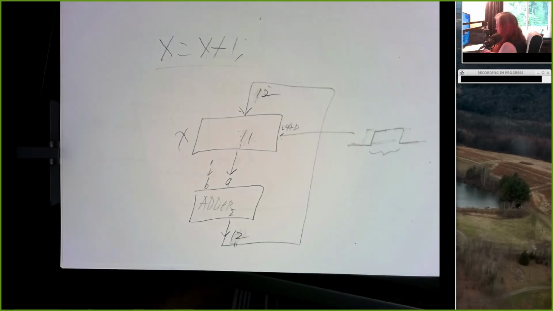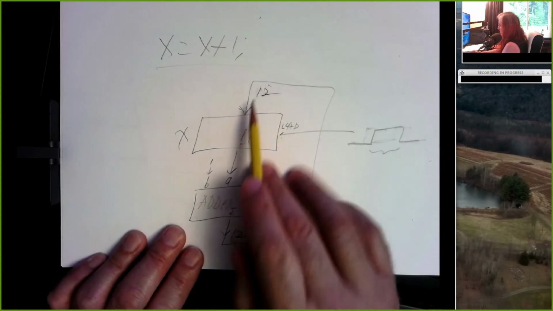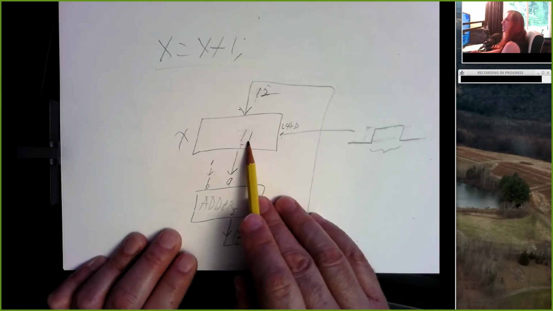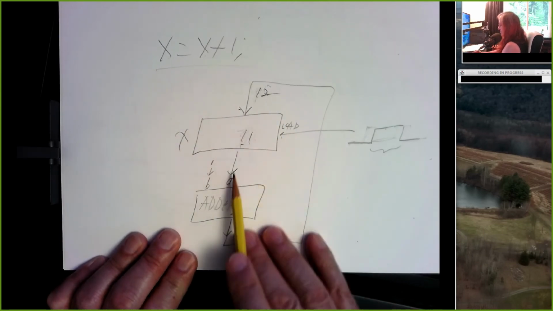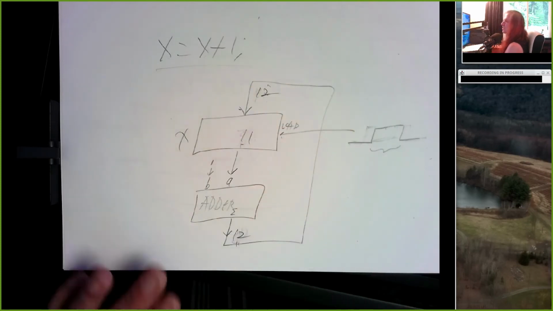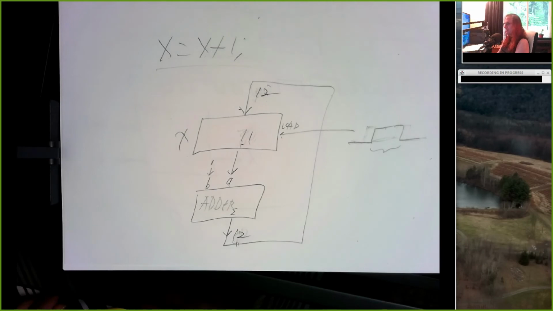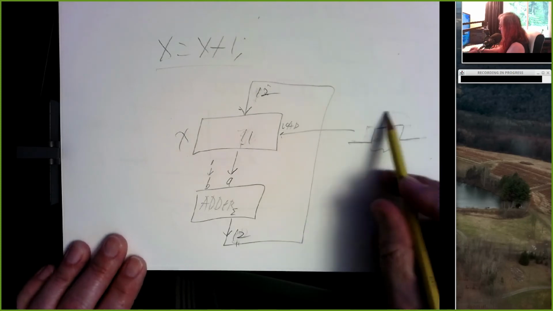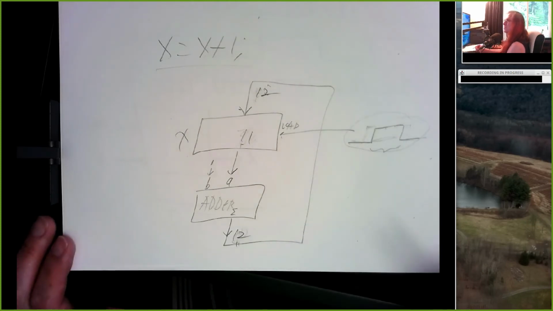So how long should we keep the load line high? Well, long enough for this new value to get loaded in, but not so long that that new value comes through the adder, goes around this big long wire, comes back to the inputs, and gets loaded in again. So if we wanted to build a circuit with this, we would need to very carefully control how long we turn this load line high.